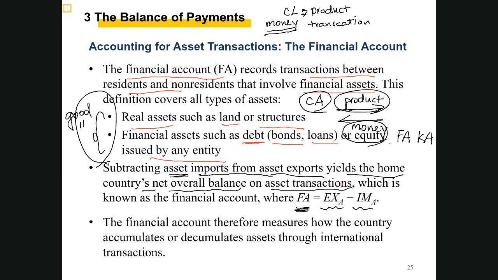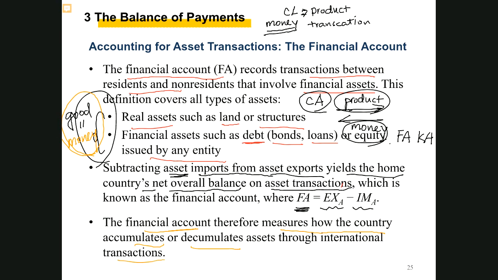So you could treat money as a very typical, unique good. It's the flow of money, in some sense. So the financial account measures how the country accumulates or decumulates assets through international transactions.